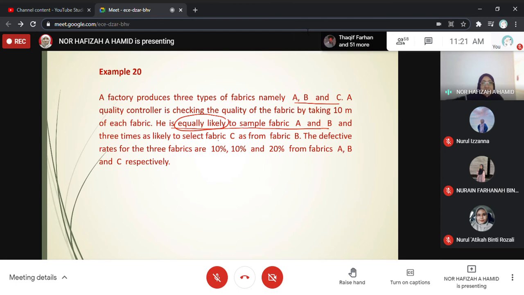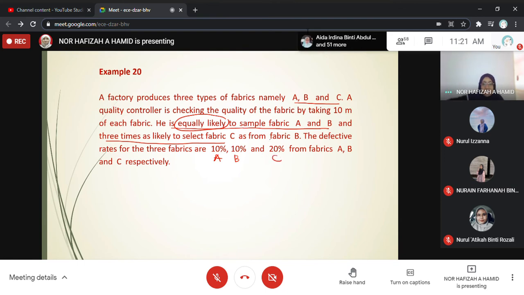But for C, it is 3 times as likely to select fabric C, 3 times that of A and B. Then the defective rates for the 3 fabrics are 10% for fabric A, another 10% for fabric B, and 20% for fabric C.